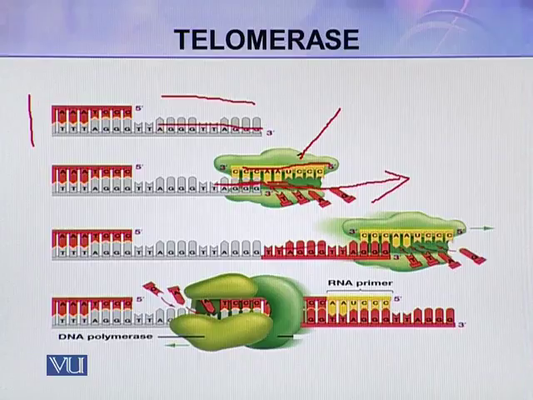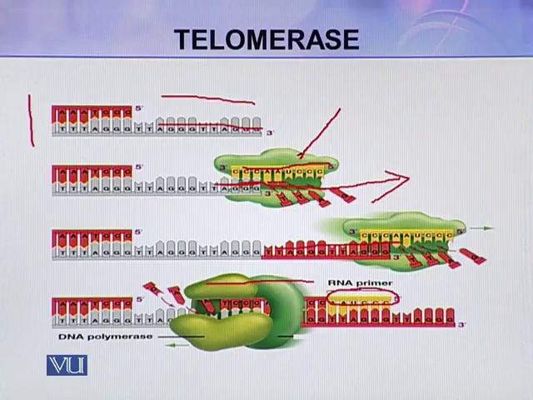This orange strand is the newly extended strand. After this extension, a base is provided for the RNA primer to attach, and then the Okazaki fragment will complete the replication. In this way, both the 5' end and the 3' end will be equal.